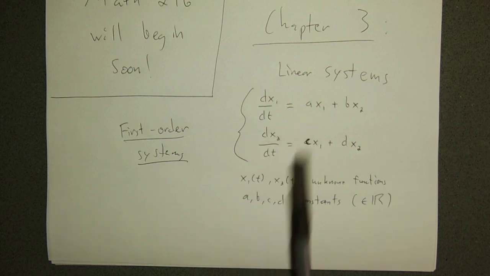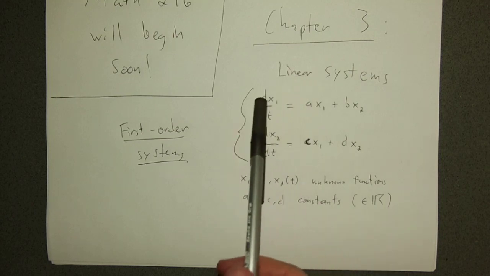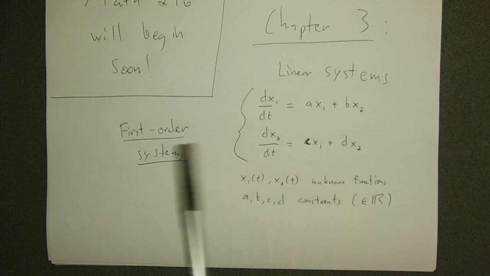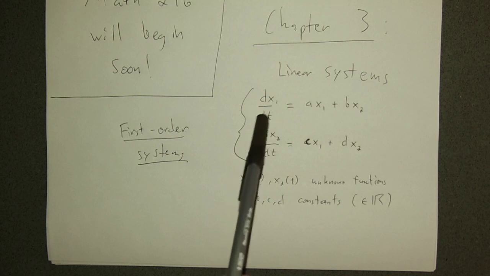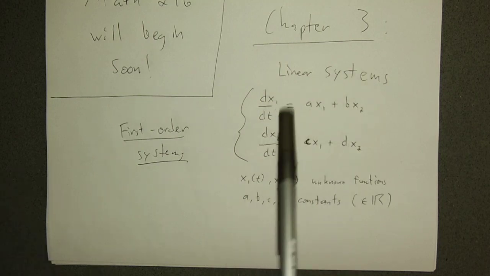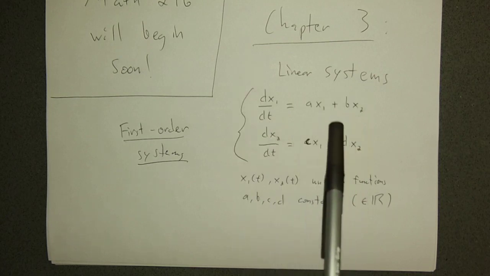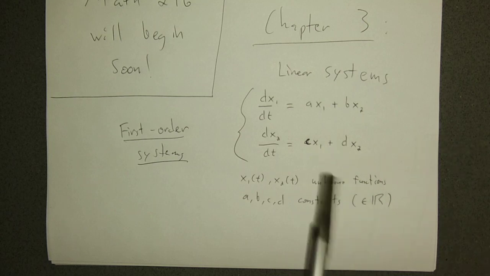Think about this for a second. I have two unknown functions, x sub 1 and x sub 2, and they satisfy the system of differential equations. The first derivative of x sub 1 is a times x sub 1 plus b x sub 2, and the first derivative of x sub 2 is c x sub 1 plus d x sub 2.